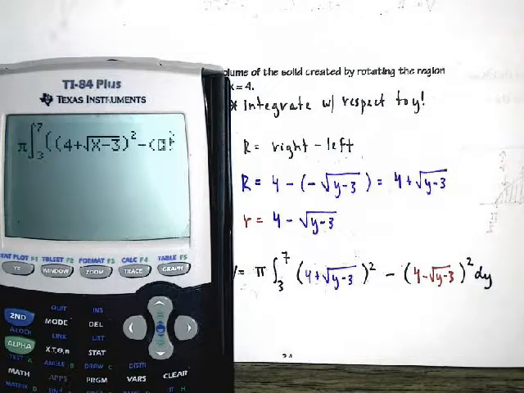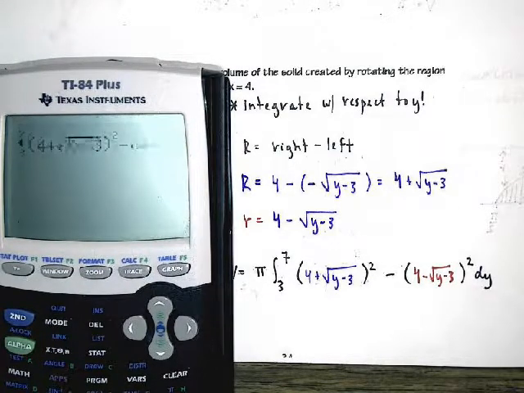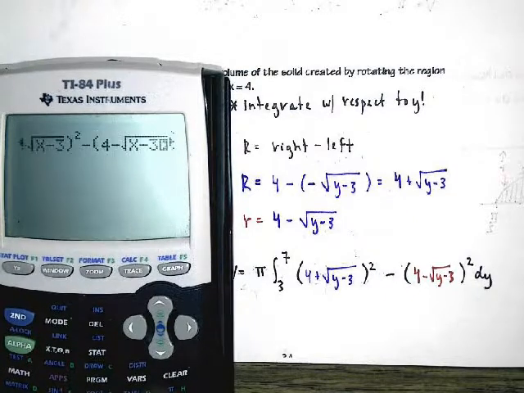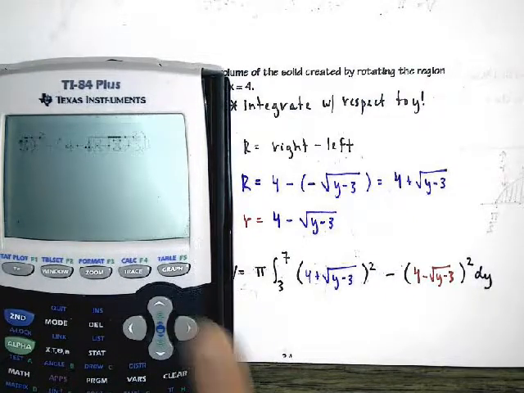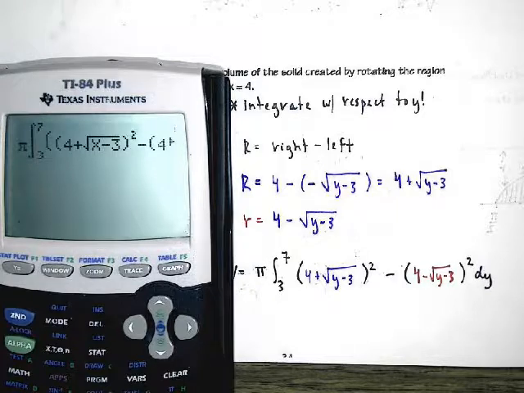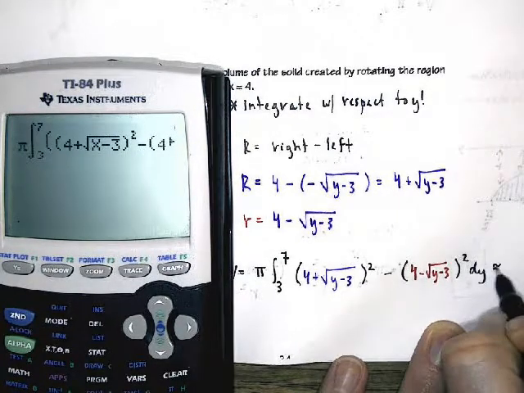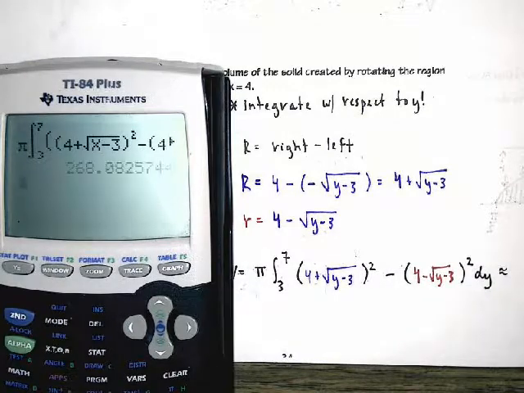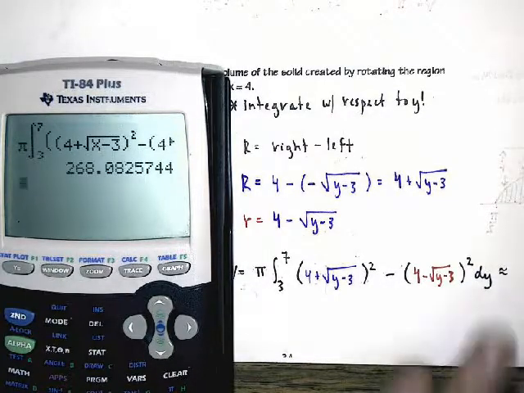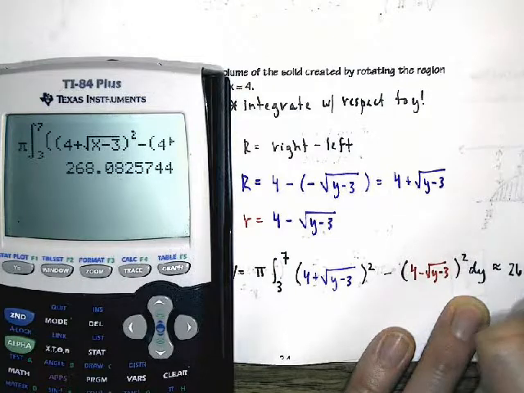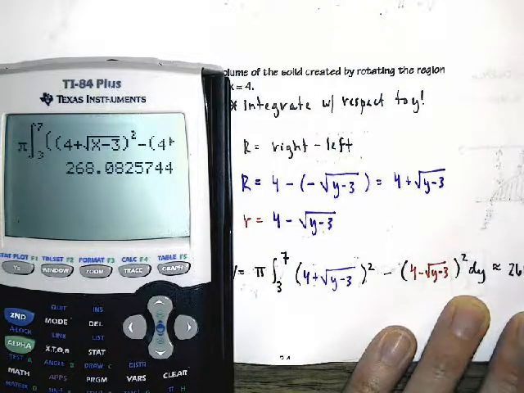And then I'm going to subtract 4 minus square root of x minus 3. And I'm going to square that, and that with respect to x. Okay, and then I get a volume of 268.083.